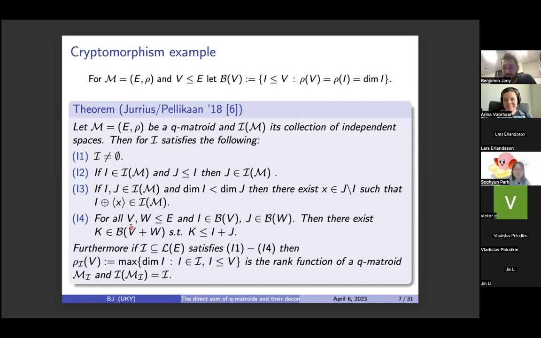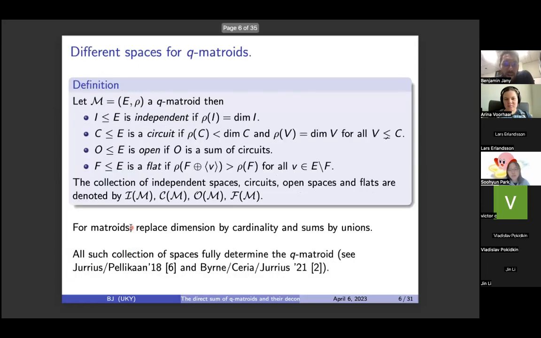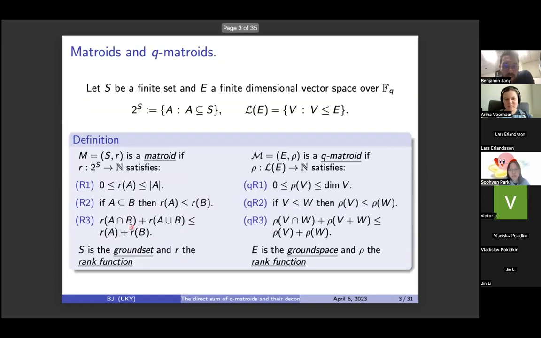Yes, I want to ask about where we use the characteristic of a field. Is it important here, or can we just consider any field? So I think you can consider any field in the original definition by Jurrius and Pellikaan.